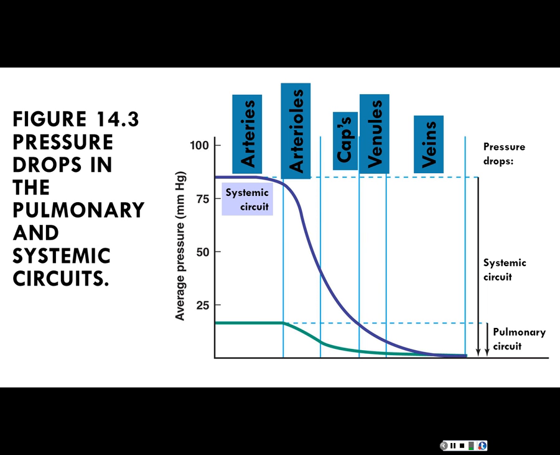As identified, we were looking predominantly at the systemic circuit, but we could also note that the pulmonary circuit exhibits a pressure gradient to keep blood going from the right ventricle back over to the left atrium. However, the gradient is significantly what? Lower. The pressure gradient exists, but it's significantly less in the pulmonary circuit. This will tie right back into what we studied in chapter 13.